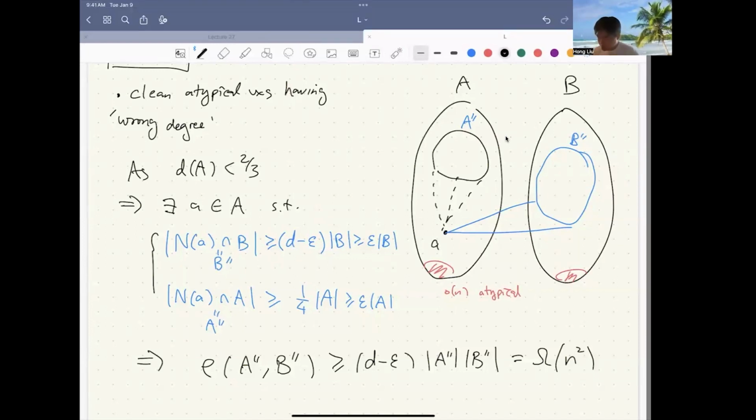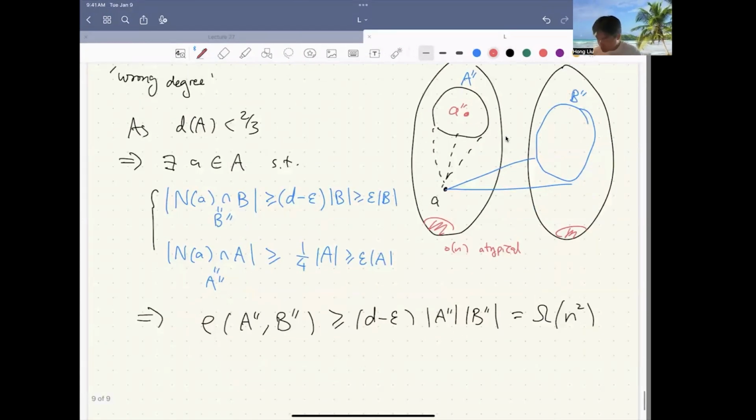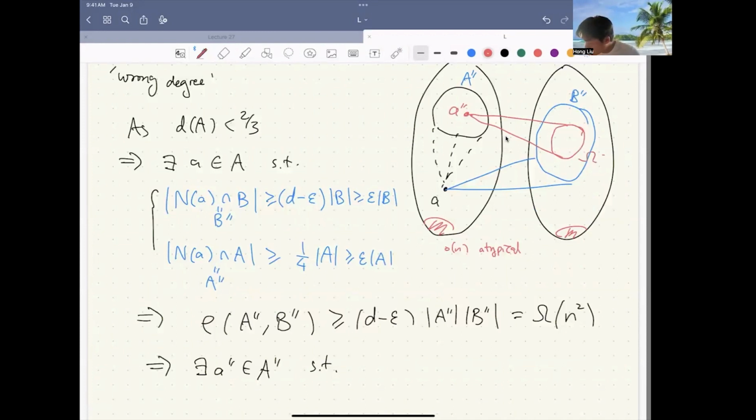That means we can find, by pigeonhole, a vertex a double prime in here which is not adjacent to a, such that its degree to B double prime is, by averaging, linear in n.